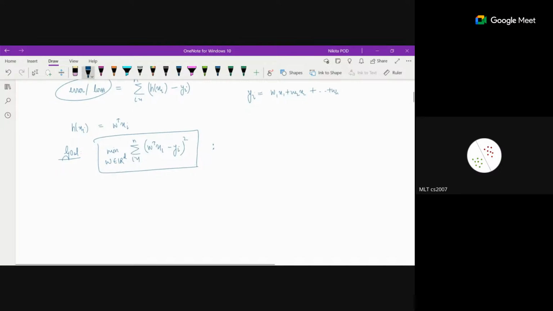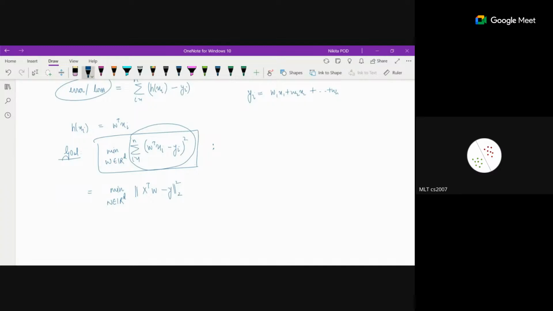Now, if you write this in terms of the matrix, what can you write this as? Minimize over W, W belongs to R^D. This term, we know we can write as the norm of X transpose W minus Y squared, the L2 norm.